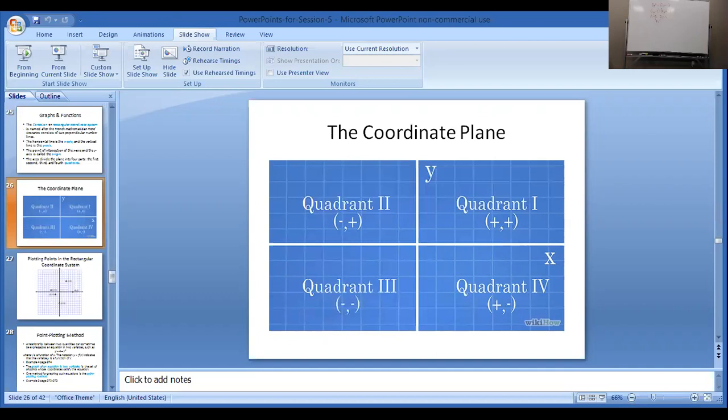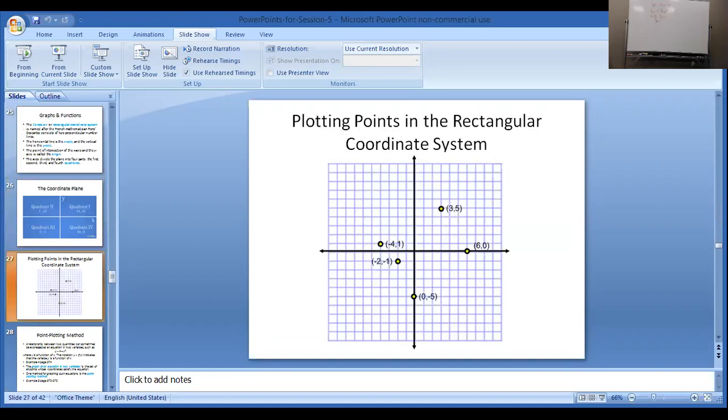It goes counterclockwise: quadrant 1, quadrant 2, quadrant 3, quadrant 4. Any point on this Cartesian system will have 2 values, a value for x and a value for y. In order to locate a point, we need a value for x and a value for y.